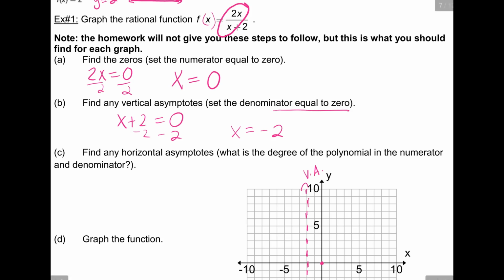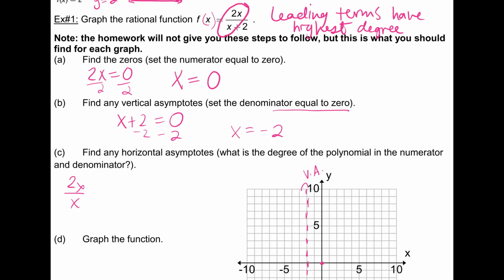The leading terms are the terms with the highest degree, meaning they have the biggest exponent. So I'm looking at 2x and x. So which is bigger? Which one has a bigger exponent? The 2x or the x?